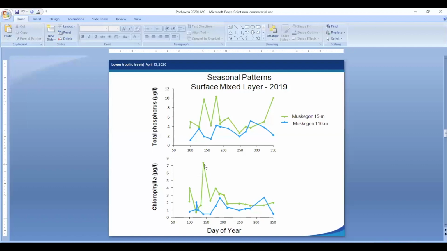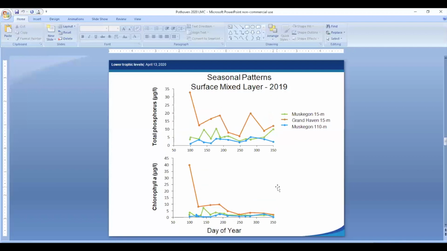So what we talked about, where the nearshore chlorophyll seems to be maintained in the spring compared to what's going on offshore. I think it's interesting just how little difference there is between the surface mixed layer of the offshore and nearshore throughout much of the year between these two sites, though.